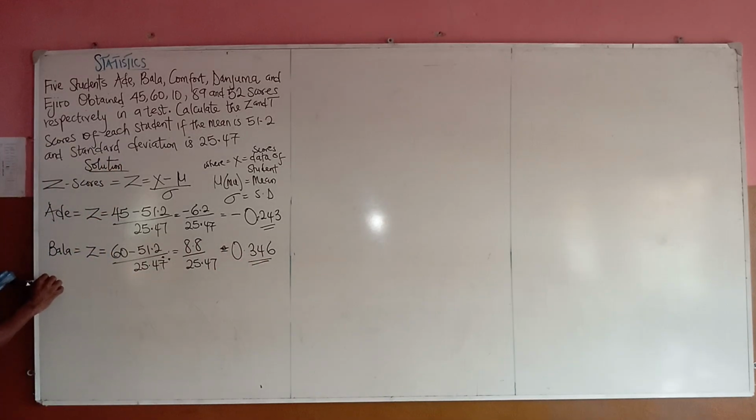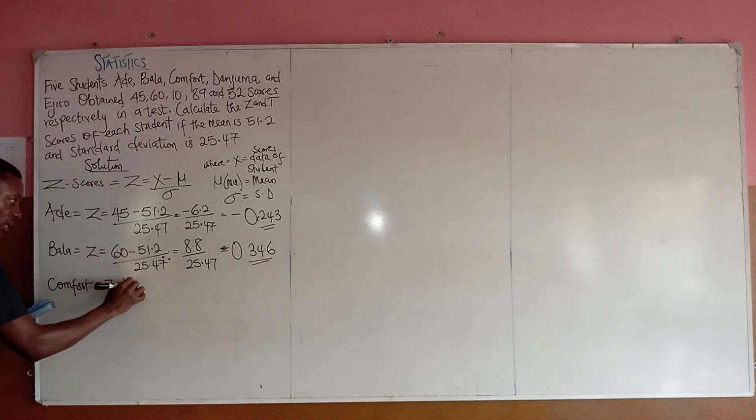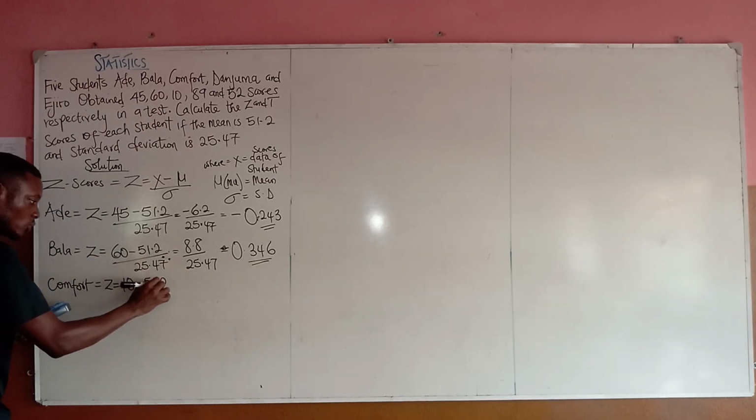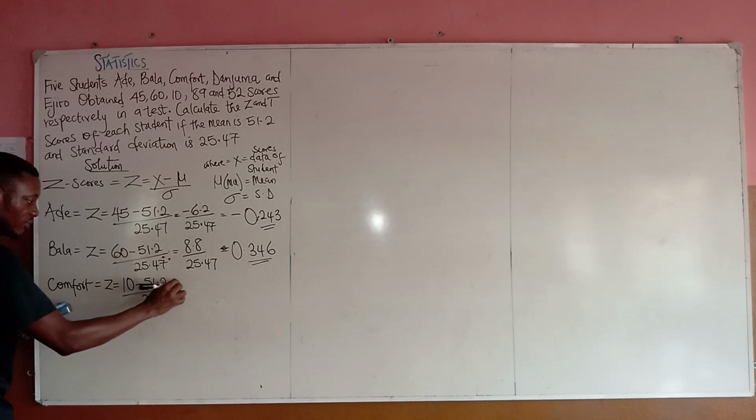Then the next student is Comfort. Comfort's score is 10. So this will give me 10 minus 51.2 divided by 25.47.